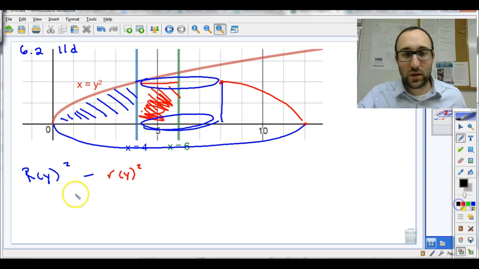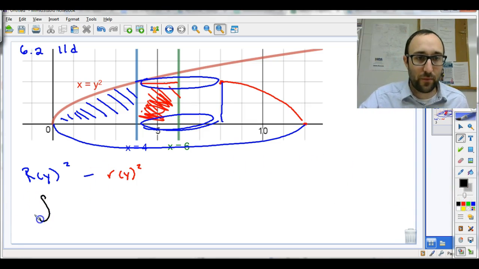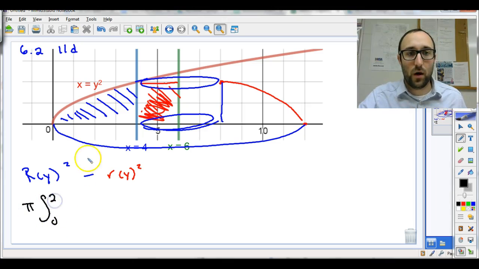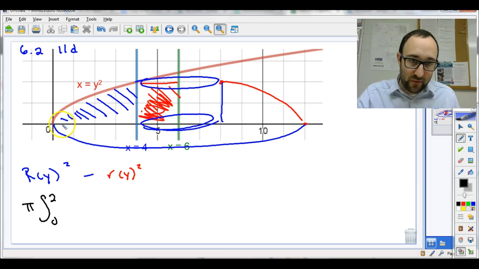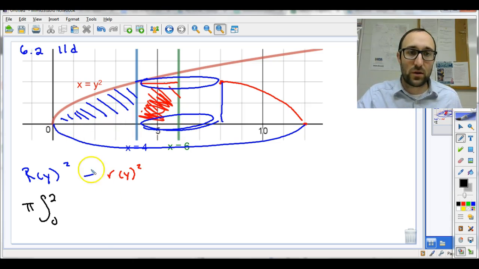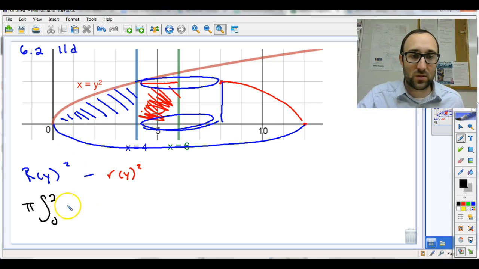So our integral is going to be pi, from 0 to 2, of r of y, which is our f of x. That's going to be this y squared. How far away? I know that this thing is 6 away, and I want it to be to the left of 6, opening towards the 6. So that's going to be 6 minus y squared.